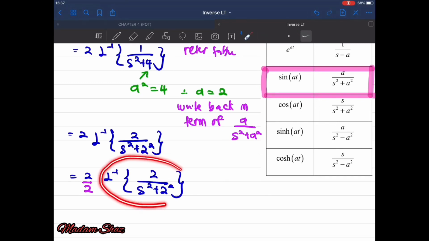So Laplace inverse of 2 over s square plus 2 square will become sine 2t. So 2 over 2 can be simplified, which will become 1. And this one will become sine of 2t.